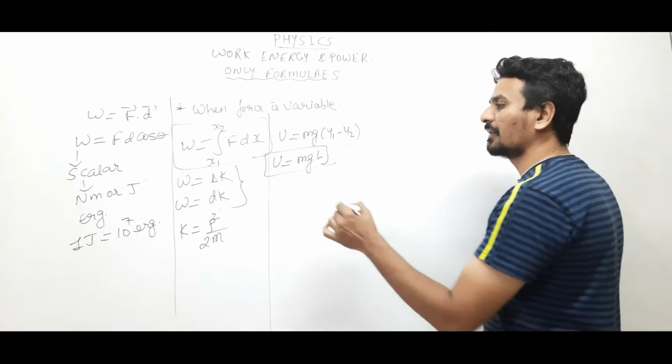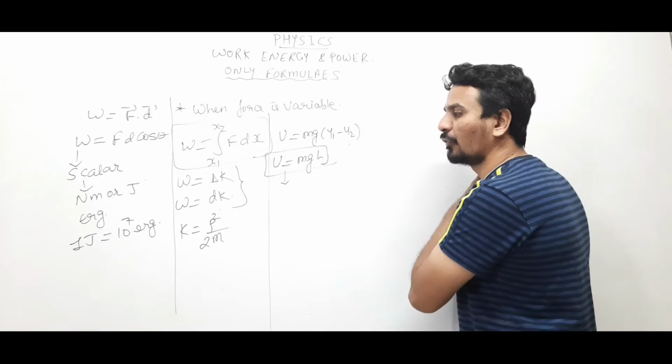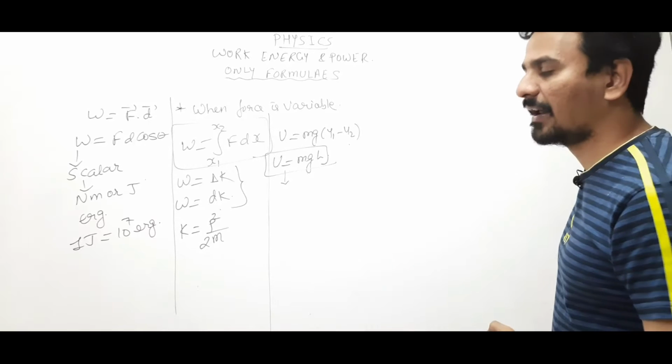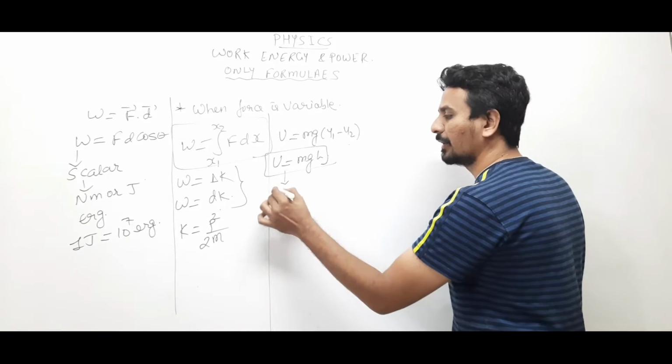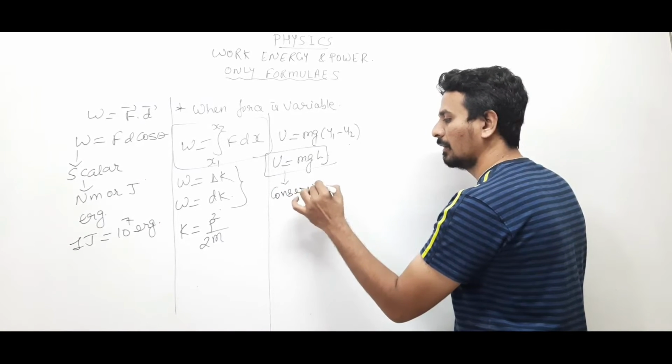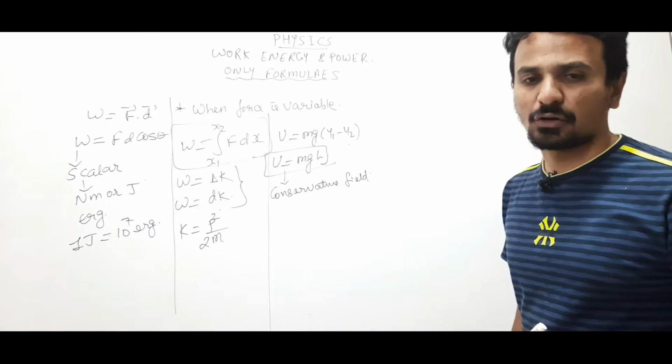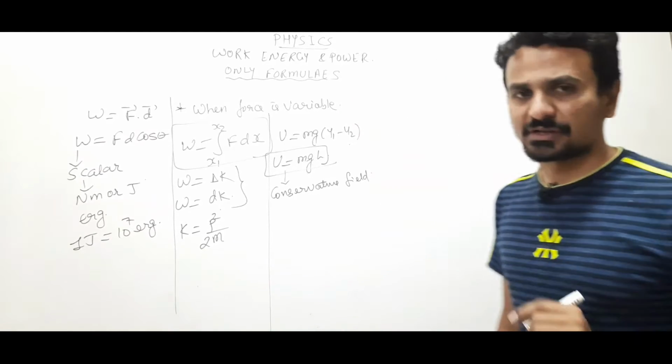One more thing which we have seen is that work done does not depend on the path, it depends only on initial and final position. So this property is known as conservative field. Conservative field means work done depends only on initial and final position, right?